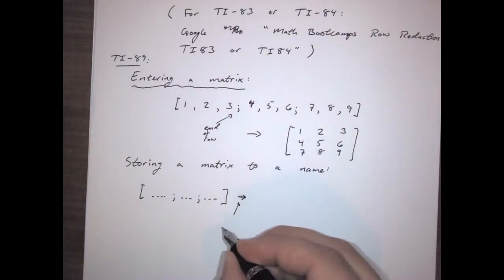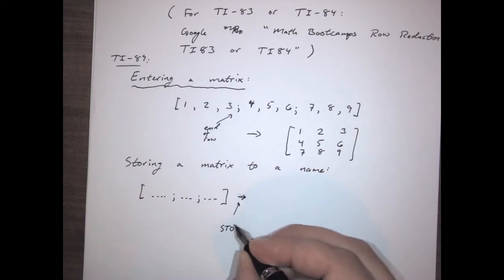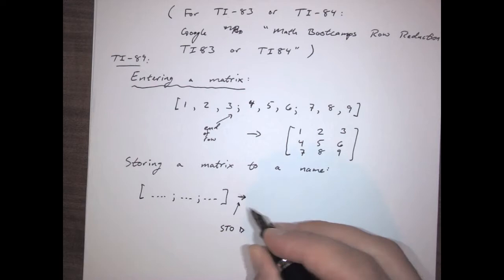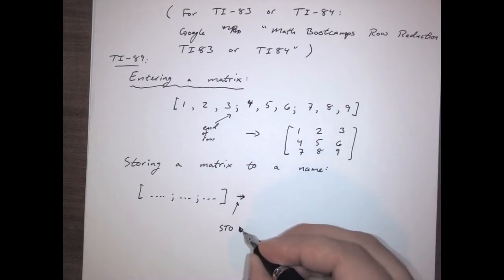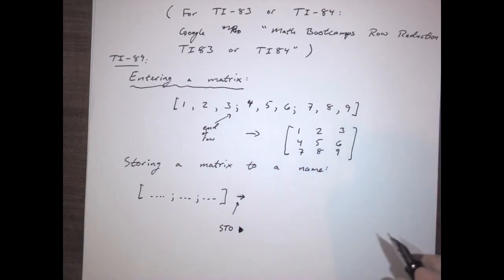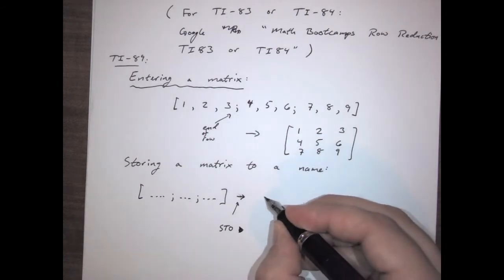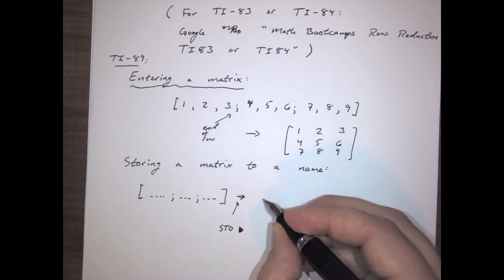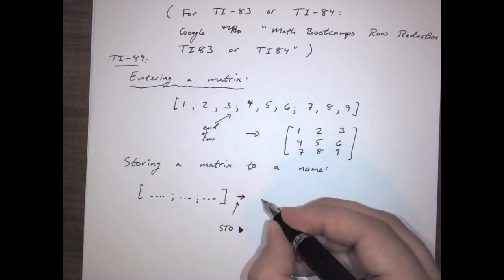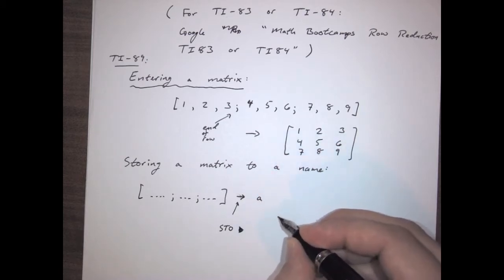That's the STO for store, and then a little triangle. So that means store it as, and then you can pick the name. You can make any old name you want, and you use alpha in order to access the alphabetic buttons. So you could just call this A, for example.